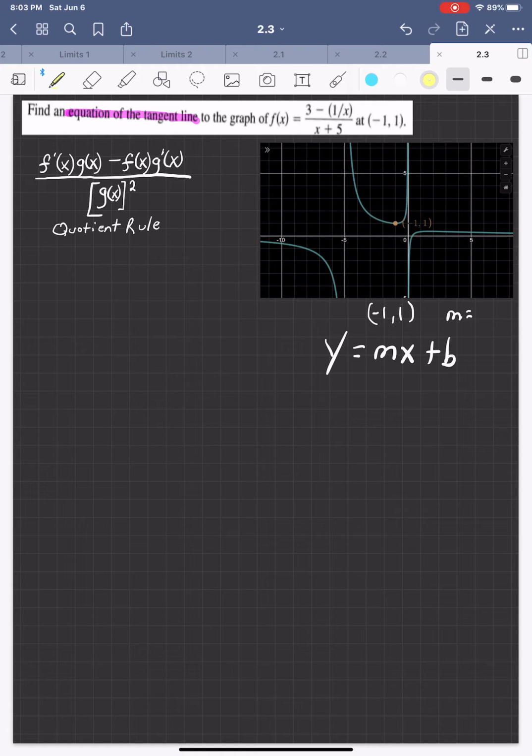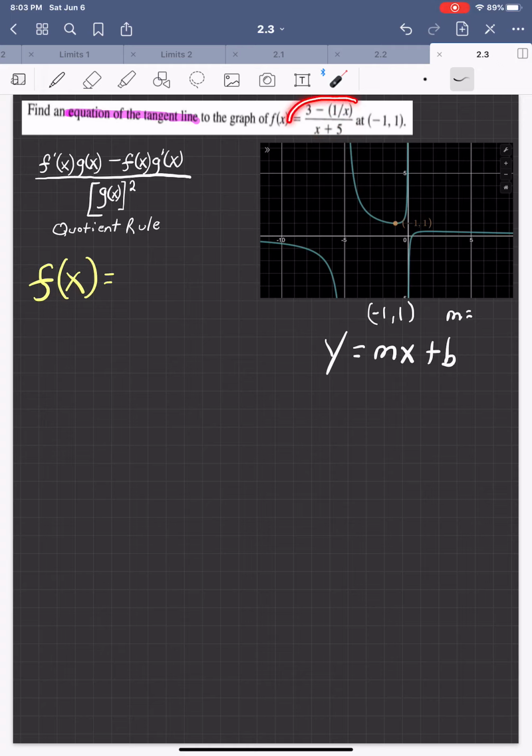So what I want to do for you is I want to make sure you understand what I'm about to do. You don't have to do this, but to make this simpler, you can let f be this numerator and let g be this denominator and just go about this problem the way we did the last one.